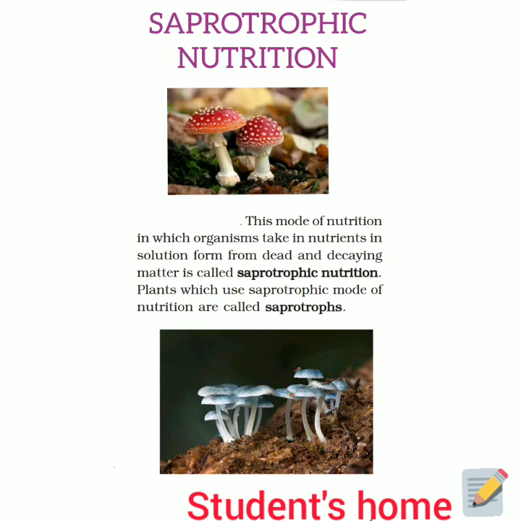Then they absorb the nutrients from it. This mode of nutrition, in which organisms take in nutrients in solution form from dead and decaying matter, is known as saprotrophic nutrition. Plants which use saprotrophic mode of nutrition are known as saprotrophs.